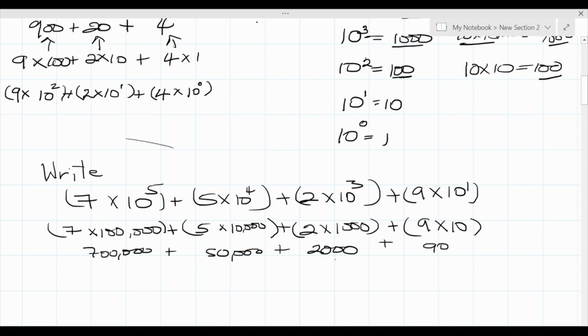So if we were to add all of this together, we would get 752,090. All right, so let's put our separators here. So our answer should be 752,090. All right.